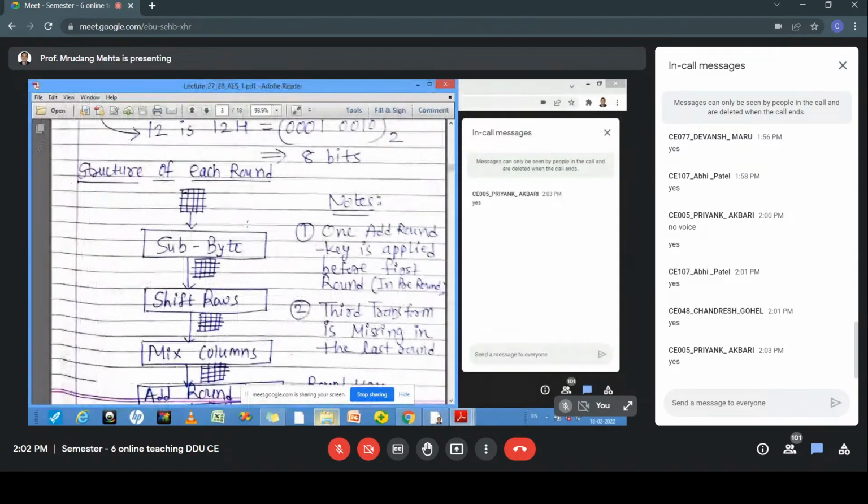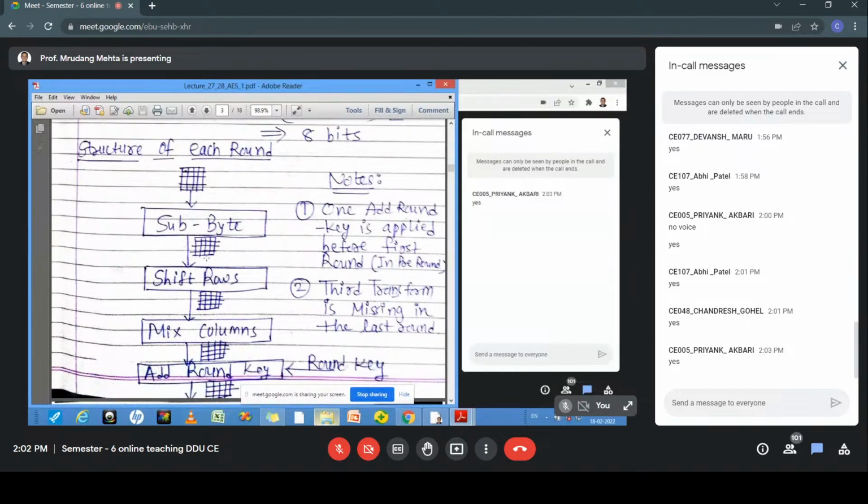So for the moment, this is a table generated substitution, and then it goes through further operations. Because it is 128 bits, it goes through sub byte and again produces a block of 128 bits, so the number of bits remains the same.